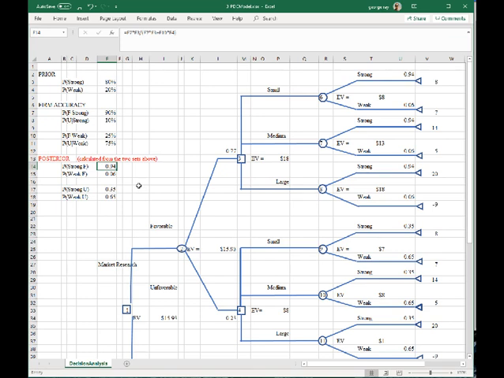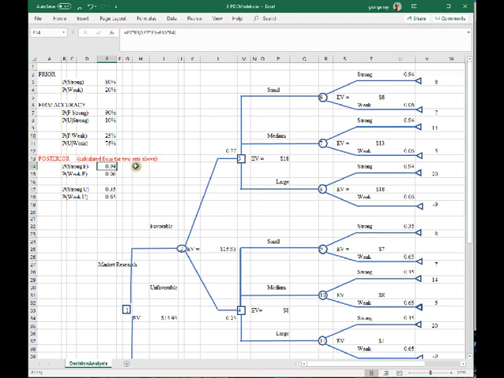And so you see that in the formula bar, and those are the cells for that particular multiplication. And the result is 0.94.